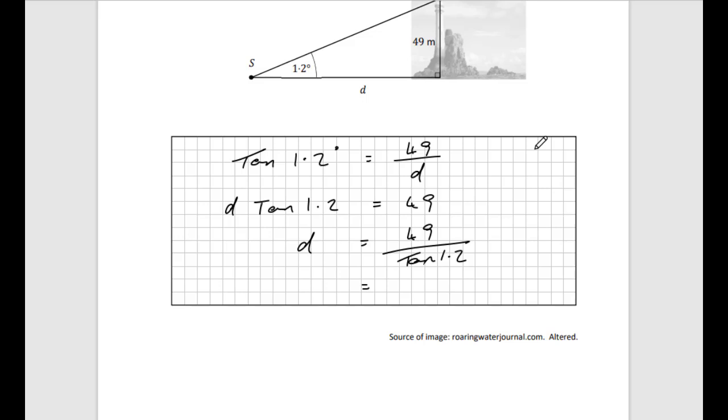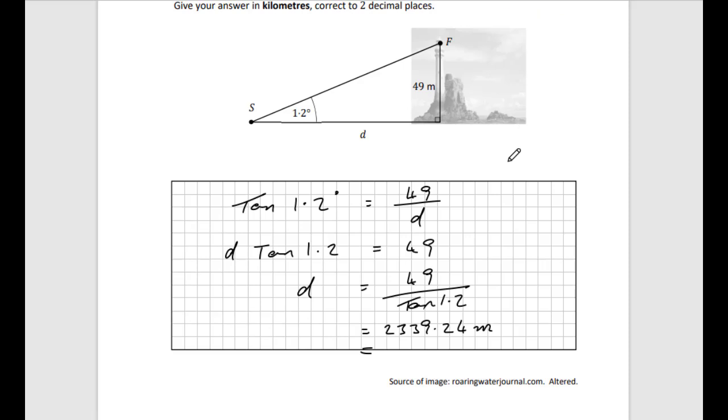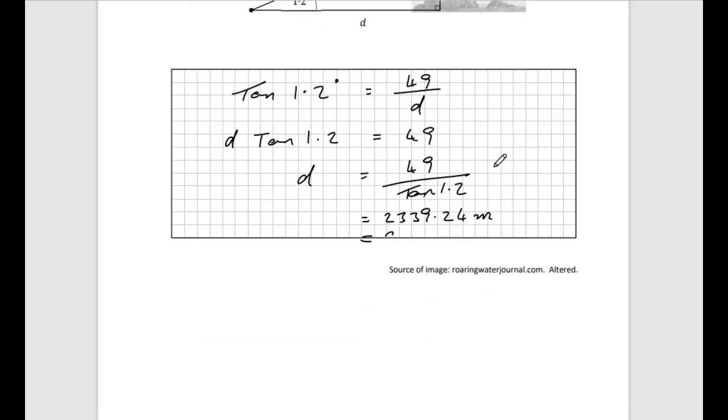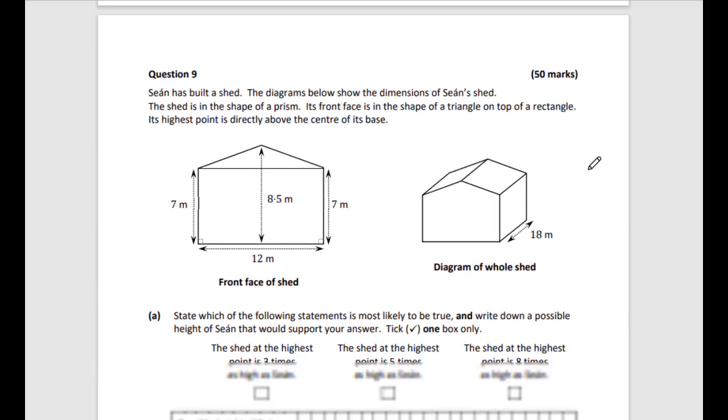So when you do that, you get 2339.24 meters, and that's going to be equal to, in kilometers, to 2 decimal places, 2.34 kilometers. Okay, so let's have a look at the next question.